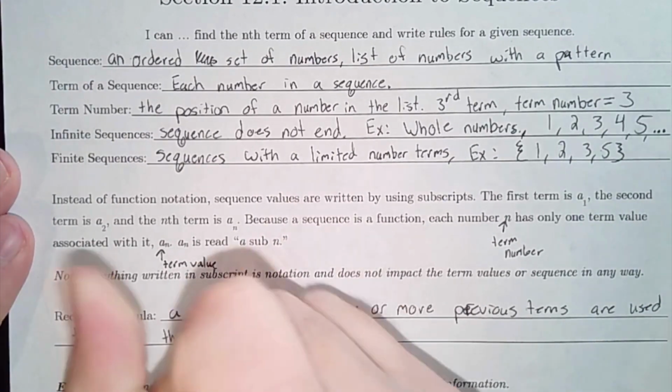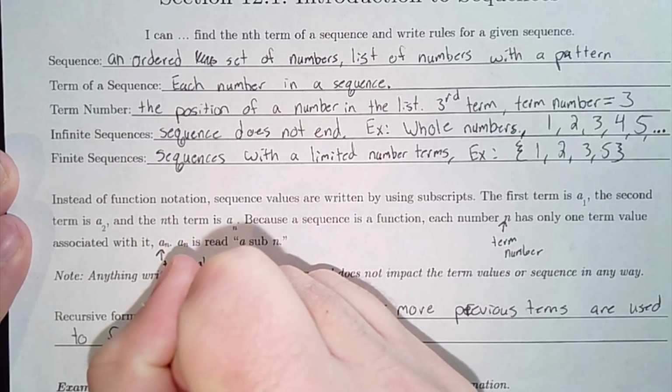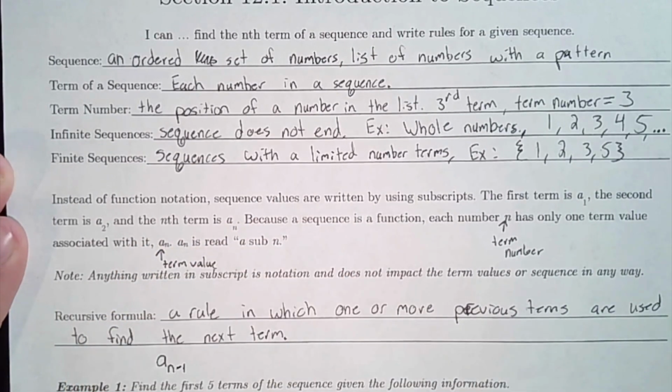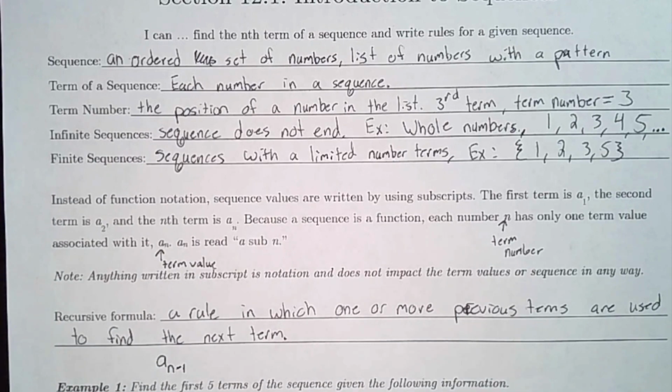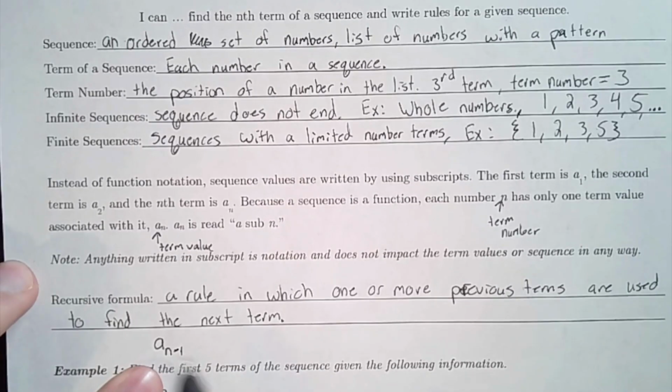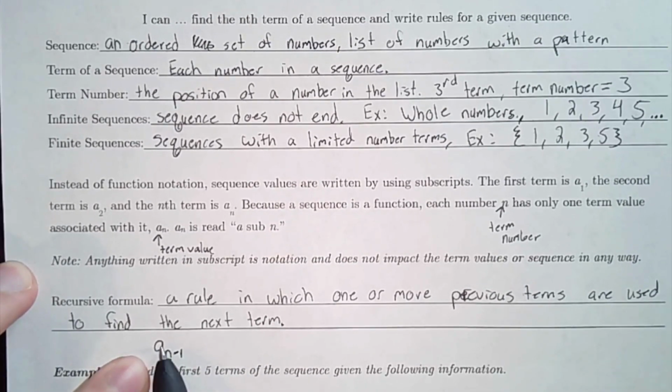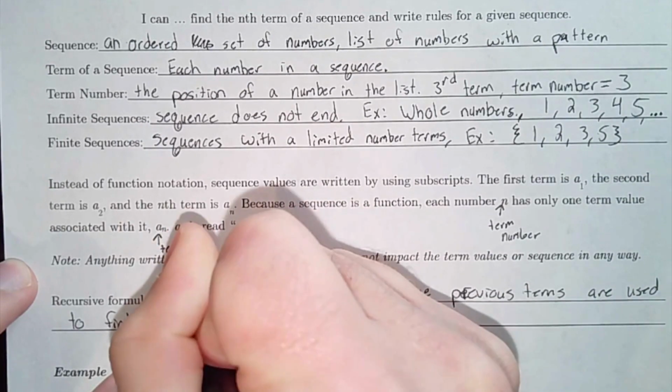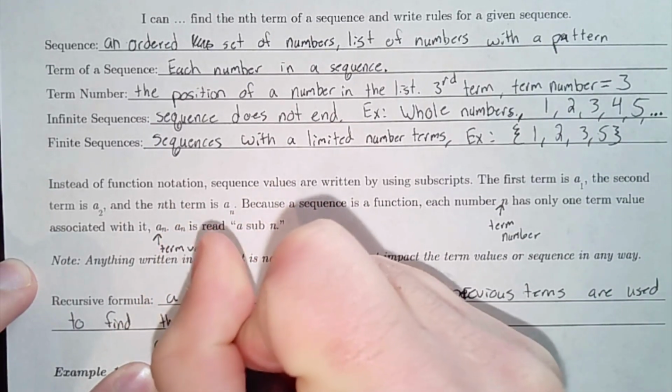Actually, sorry, real quick. I want this one, a sub n minus 1. Something that you're seeing very often with the recursive formula. This a sub n minus 1 means that if I'm trying to find a sub n, so I'm trying to find a term, a sub n minus 1 is the term before it. What we're going to call this is the previous term.